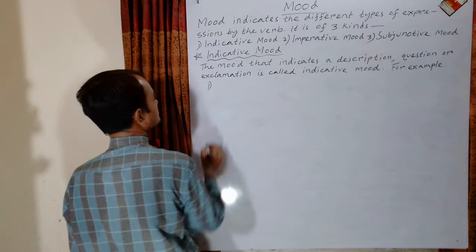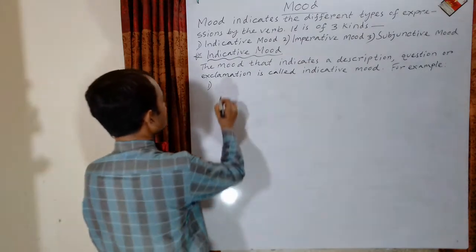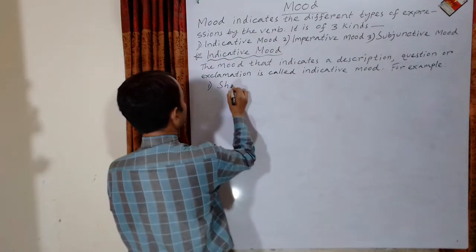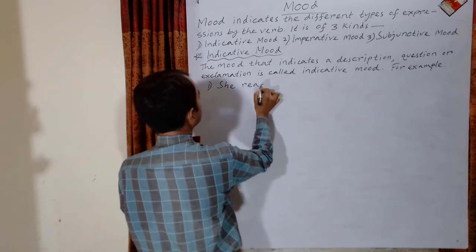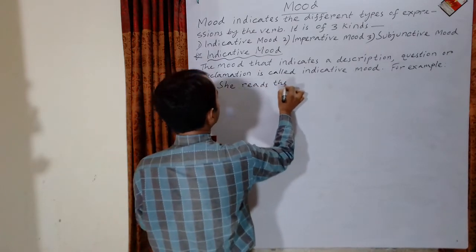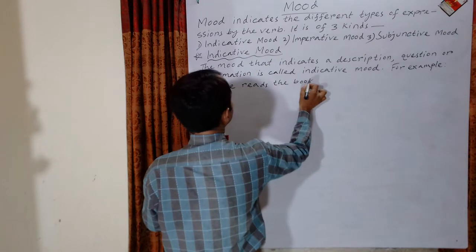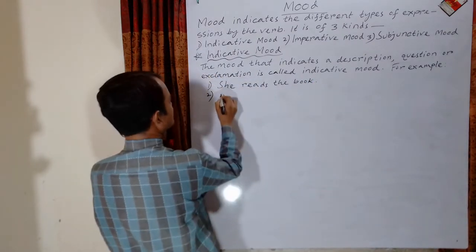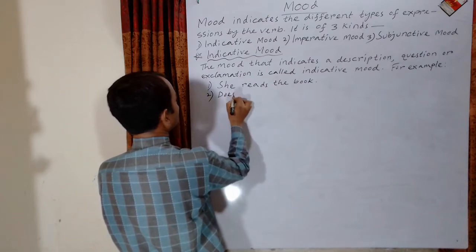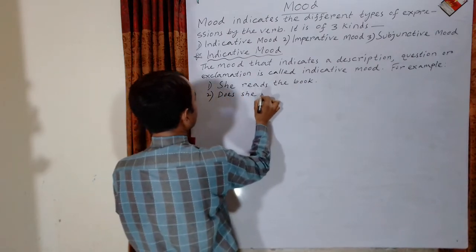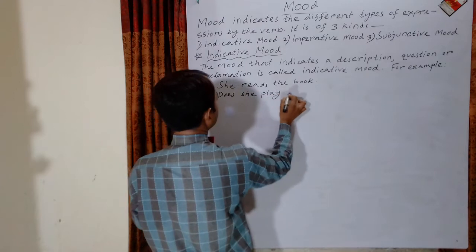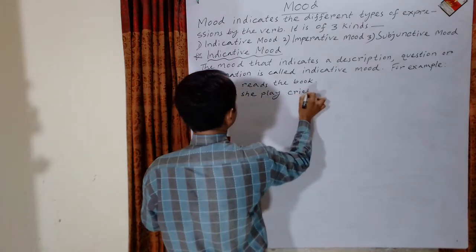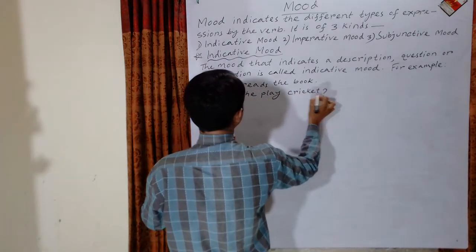Number 1, she reads the book. Number 2, does she play cricket?